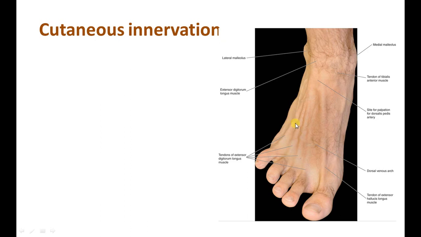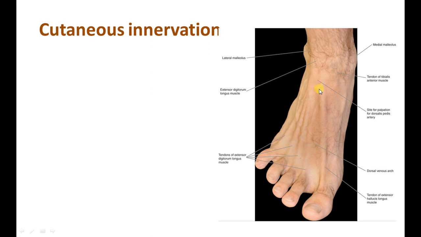It is a subcutaneous structure, and medially it continues as the great saphenous vein after joining the medial marginal vein. That is very clearly seen here. In the same way the lateral marginal vein joins and forms the small saphenous vein.